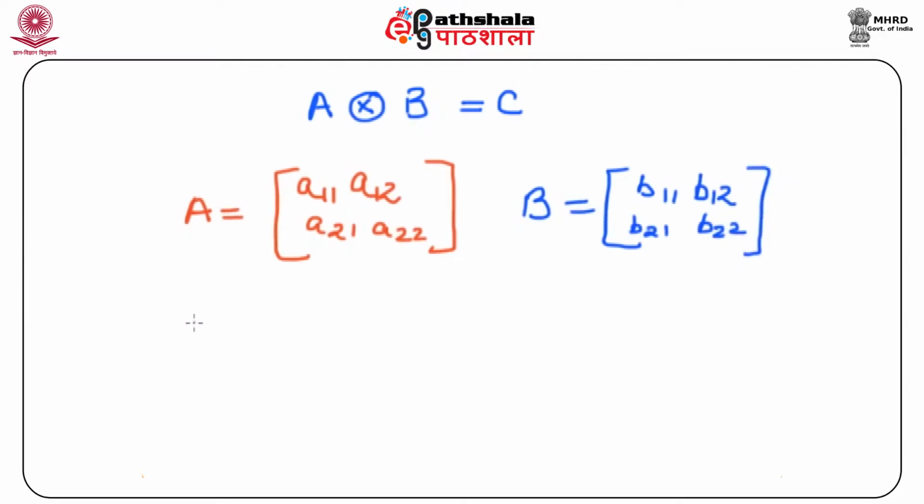Now to find the direct product between A and B, we can rewrite it as this multiplied by this, and let us understand how this will be done.